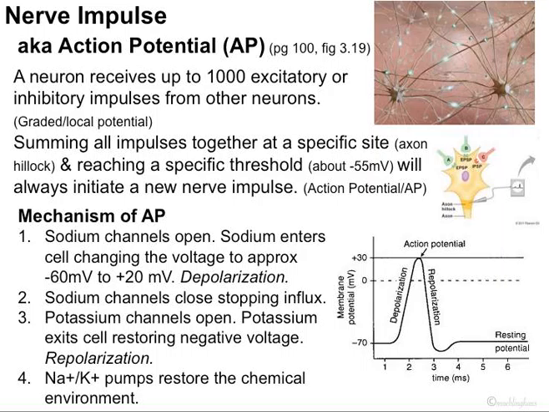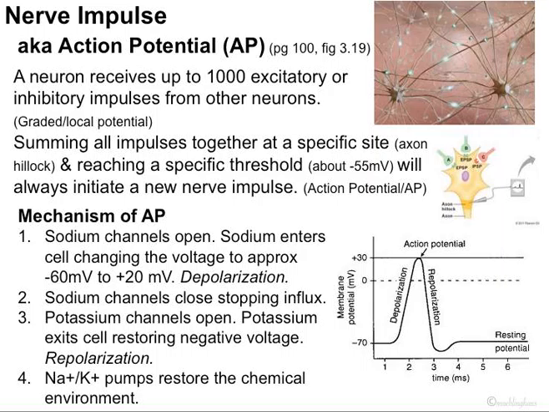The axon is surrounded by cell membrane, that oil film, with a lot of sodium and potassium channels, as well as sodium potassium pumps. When we send an action potential from the axon hillock down the axon, what happens first? Sodium channels open, and sodium moves into the axon from the outside at that local area.